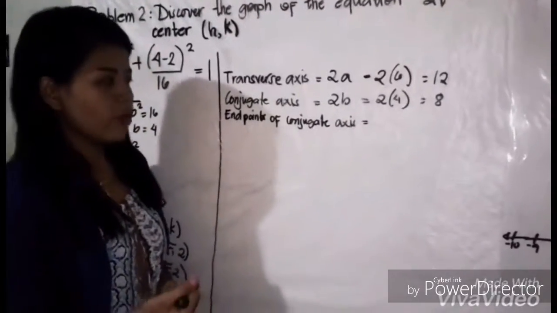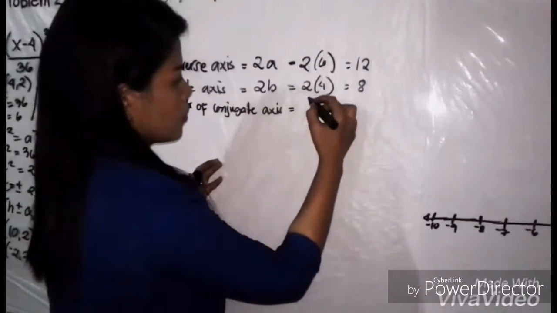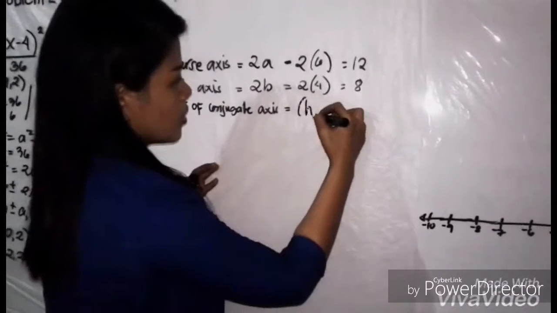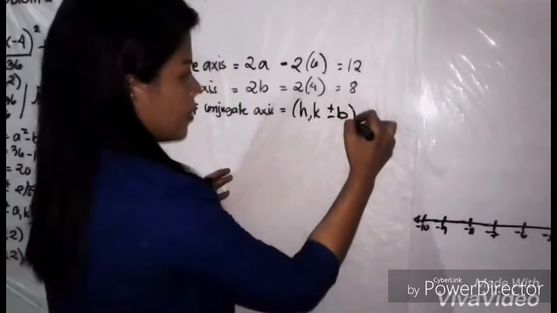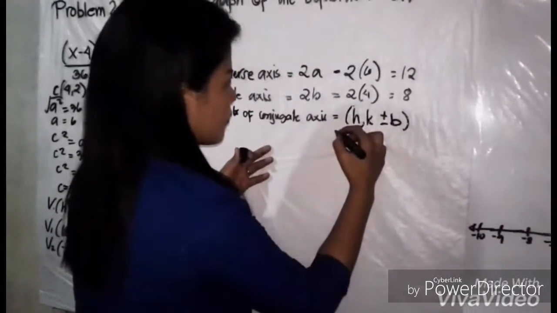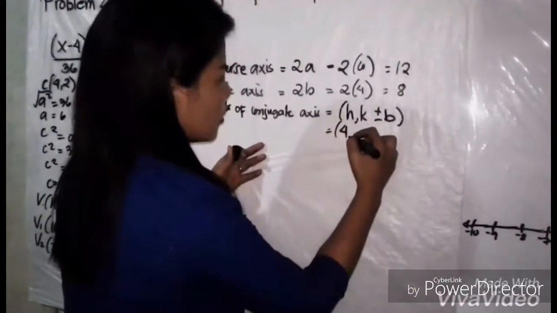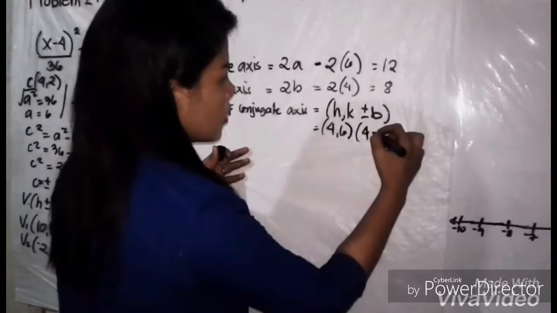To find the endpoints of the conjugate axis, we use the formula (h, k plus or minus b). Substituting, we have (4, 6) and (4, -2).